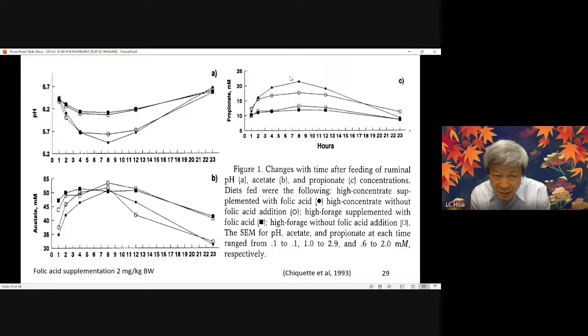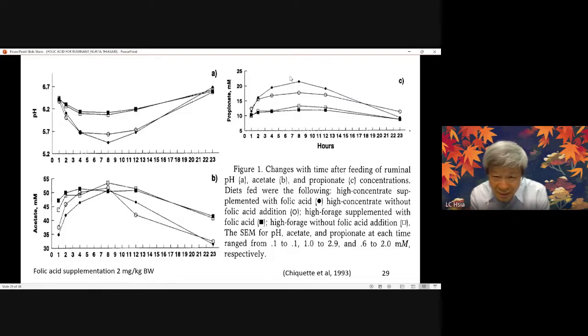But in the higher roughage, you will see actually there is no big difference, a little bit of difference, but no big difference. So folic acid has no influence on the foliage, because anyway, foliage cannot produce more propionic acid. Can I say it this way?